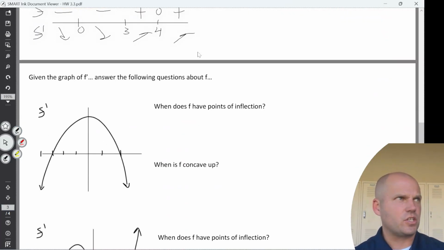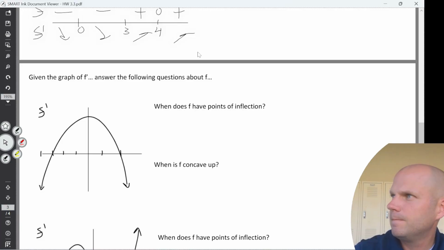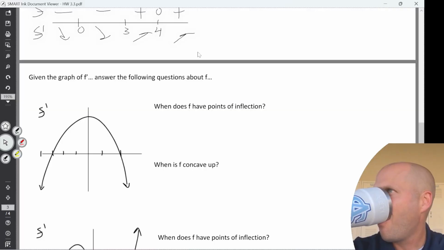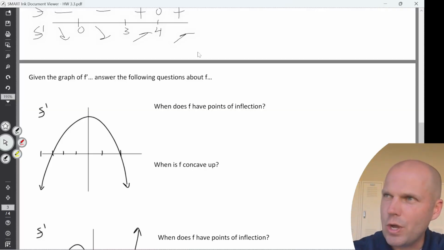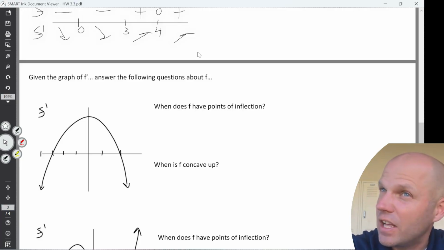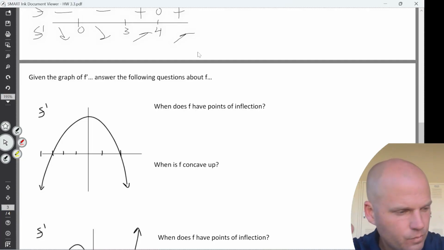All right, to my favorite questions. Can't just memorize what to do. You got to be ready to adjust and adapt. You got to look at the correct characteristic of the graph that's given to you to be able to answer the question.